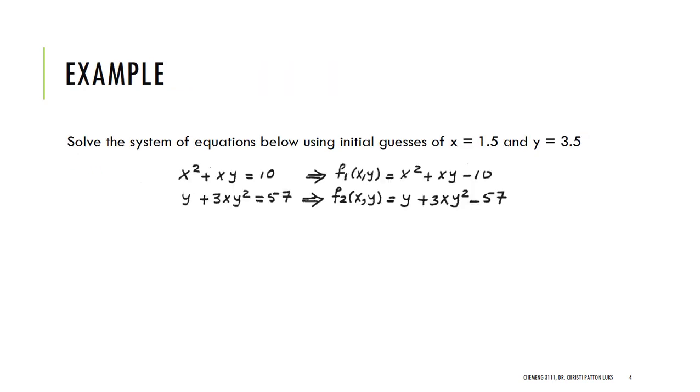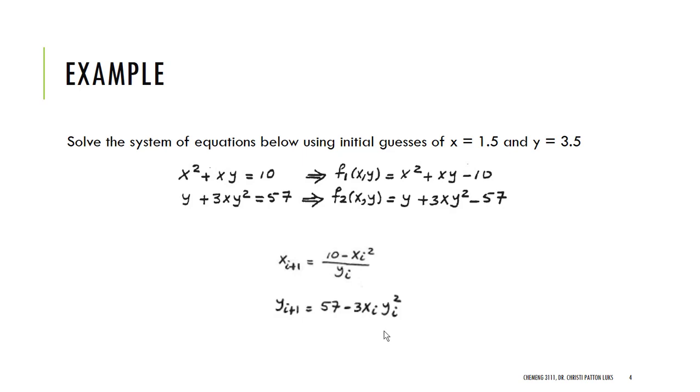So let's look again at our system of equations that we were doing with Newton-Raphson earlier. We're going to use the same starting guess and the same two functions. In this case, I want to solve these equations for one of the instances of the variables. So let's just solve for x here. Seems easier to do this one than the square root. And solve for y with this one.